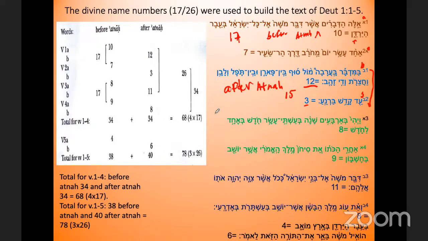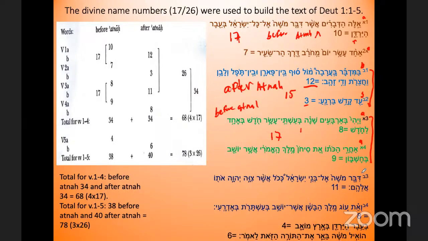So this is before Atna. So we have verse 3a and then verse 4a together. So in verse 3a, we have 8, and then in verse 4a, we have 9. So we do end up with 17 again.